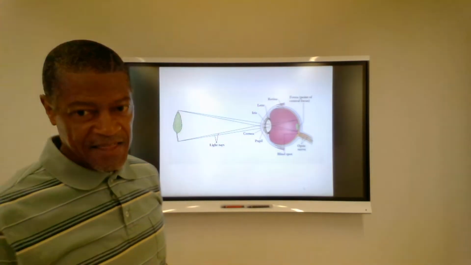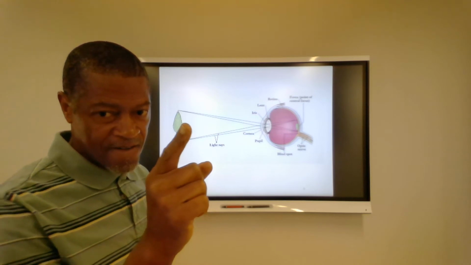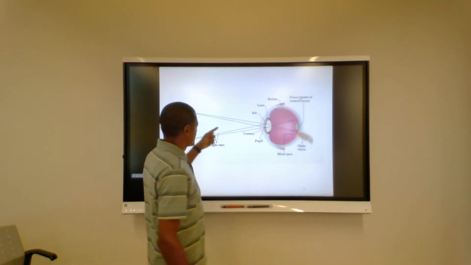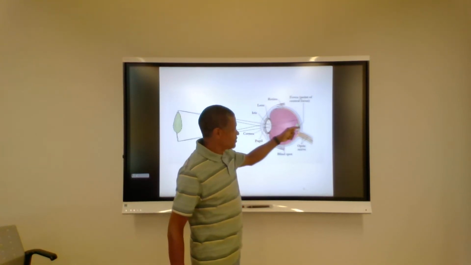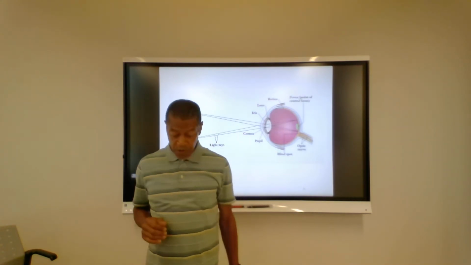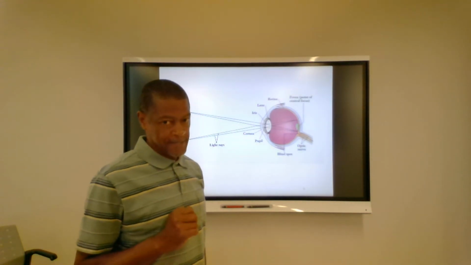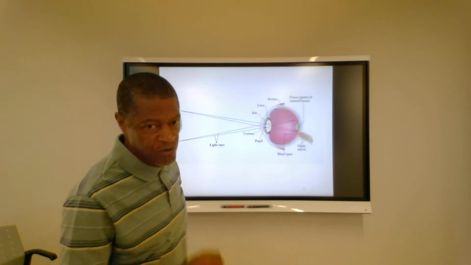That place is called the fovea. So that object right there must somehow get onto the retina at that place called the fovea, the central point. So the fovea is a place where it has the highest visual acuity, that is sharpness. So the image must get onto the fovea.